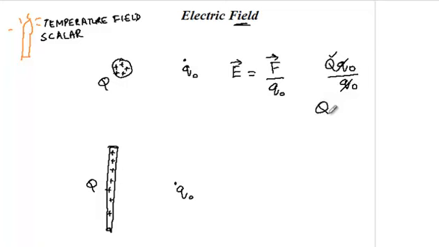If you divide this expression by Q, you're going to get rid of Q itself. So the electric field at the point P would depend on the charge which you're placing over there to measure the electric field, and this certainly doesn't make sense. So the electric field is always obtained by dividing the force experienced by a test charge placed over there by the test charge itself.